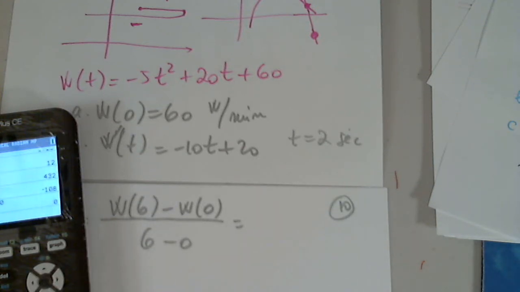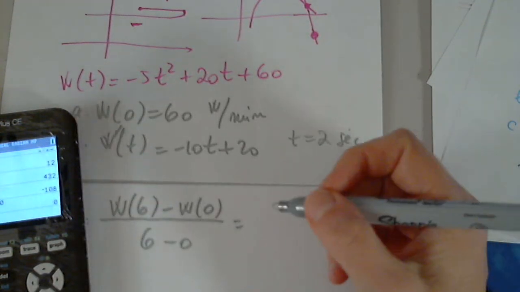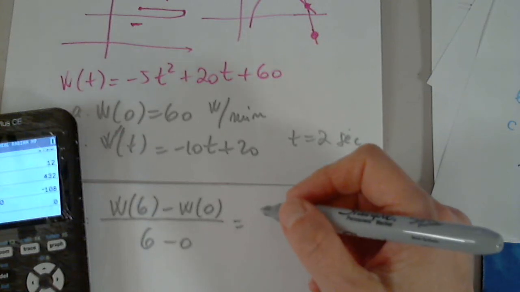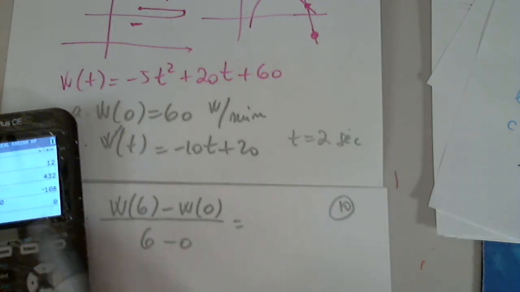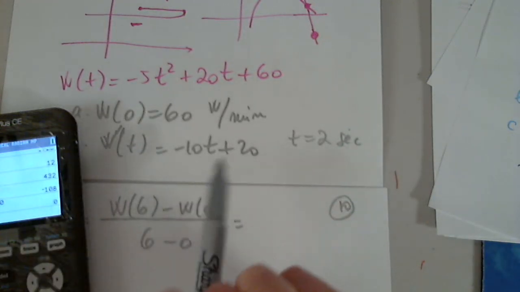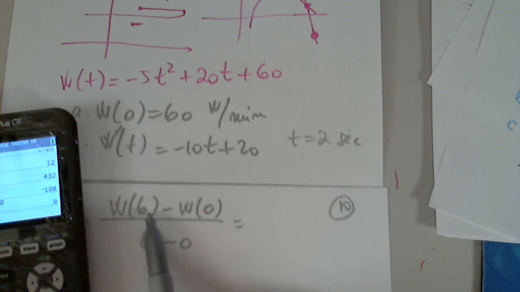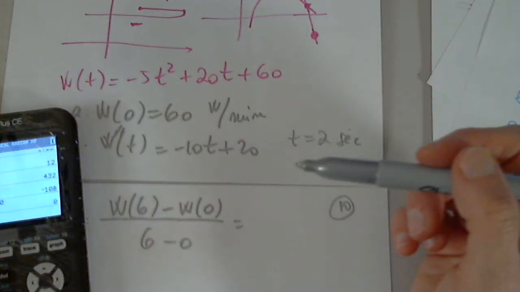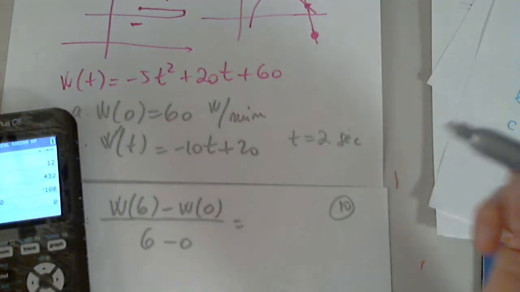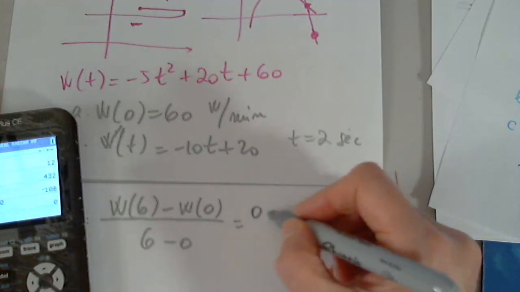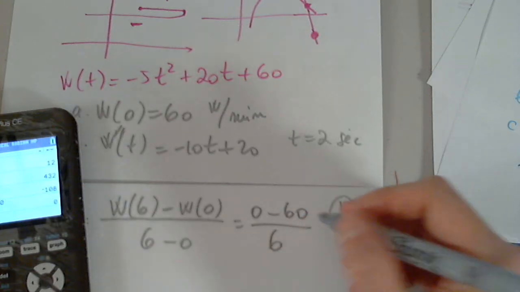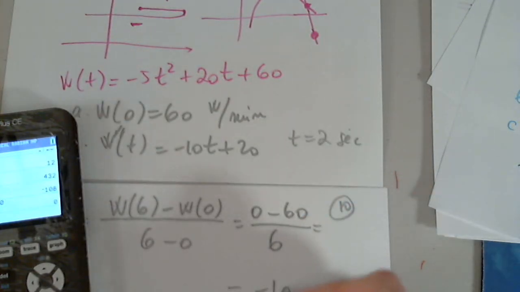Okay, and look at that, I got... Is that possible? Negative 5 times 6 squared. That's 36 times negative 5, and 20 times 6, yes, plus 60. I got 0. So 0 minus 60 divided by 6.